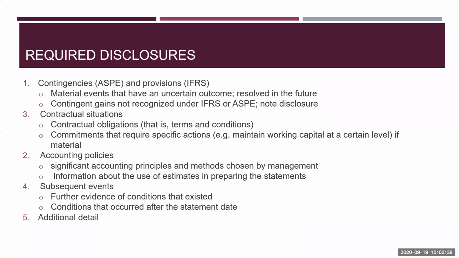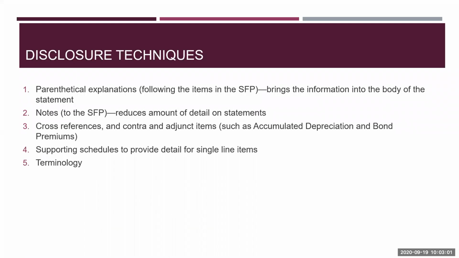Now, when we are preparing the financial statements for the prior year, at that point in time, we might not have known that information. But on the date that you're preparing the financial statements, if new information comes into play, or you know of something that will impact the business, then it has to be disclosed. That is a subsequent event. And if you have any other additional details, then that has to be disclosed in the notes as well.